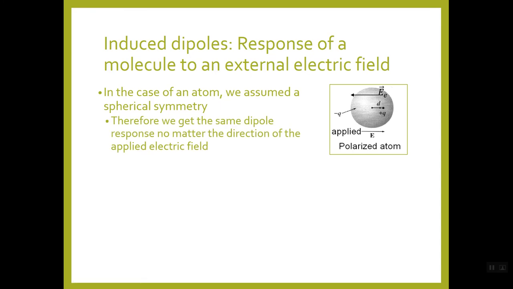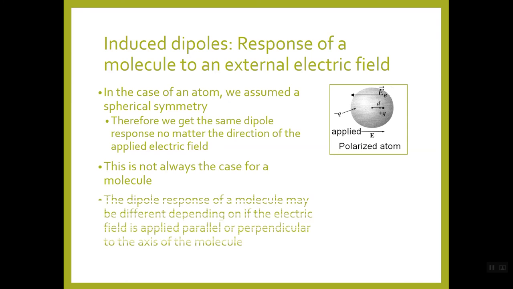So no matter what direction we applied the electric field, we were going to get the same dipole response, because of the spherical symmetry. This isn't always going to be the case for a molecule. The dipole response of a molecule may be different depending on whether the electric field is applied parallel or perpendicular to the axis of the molecule.